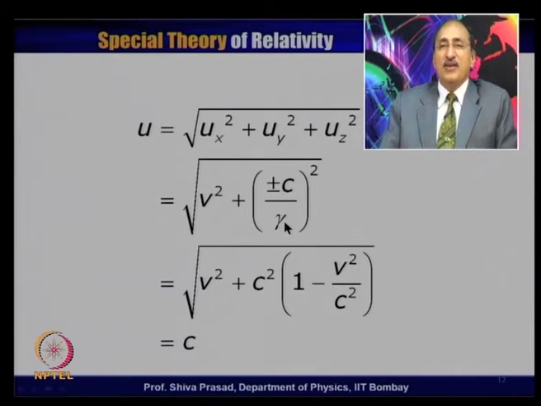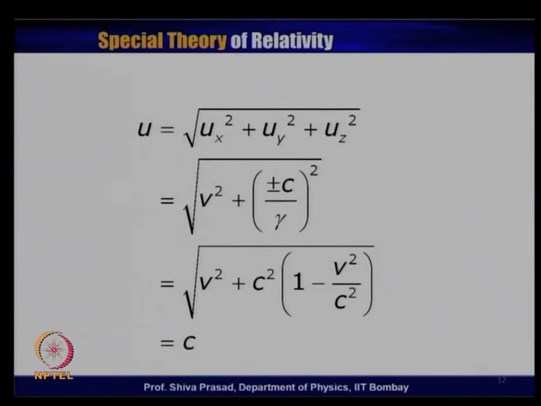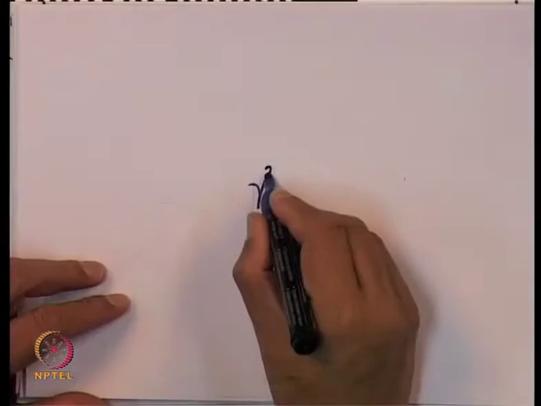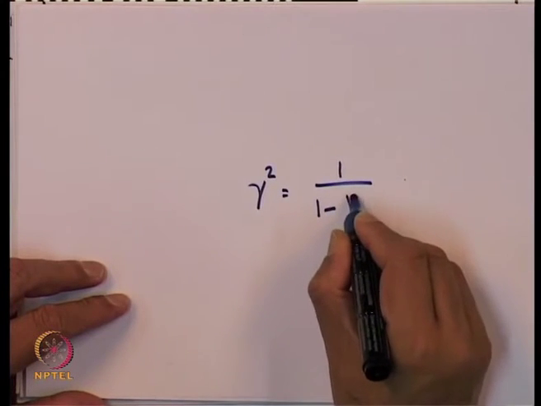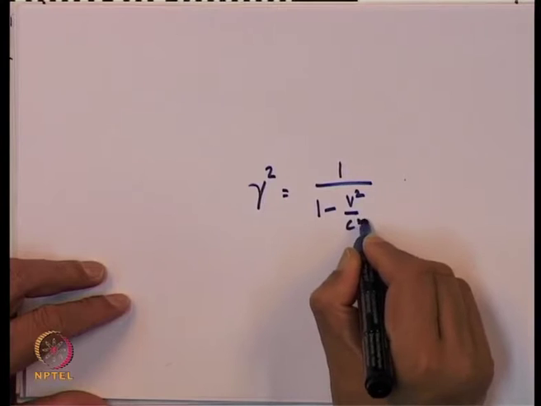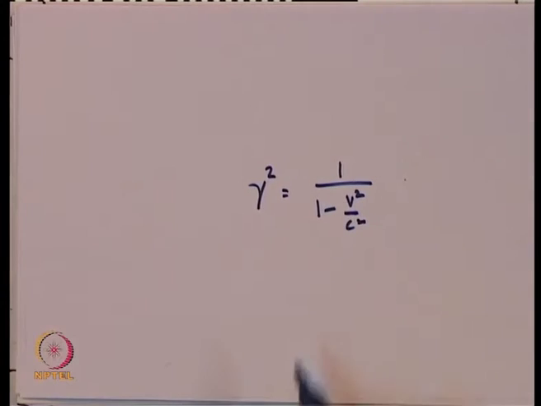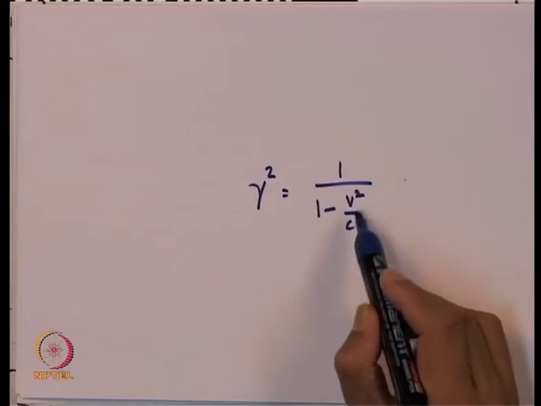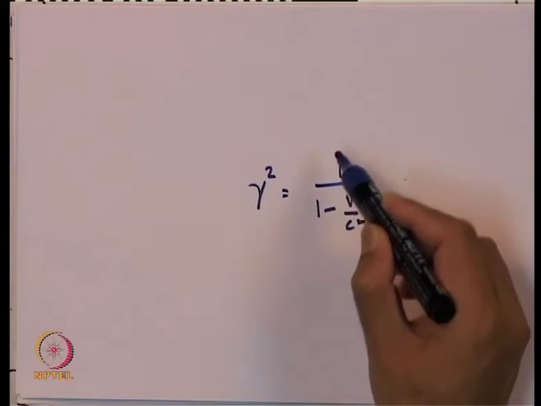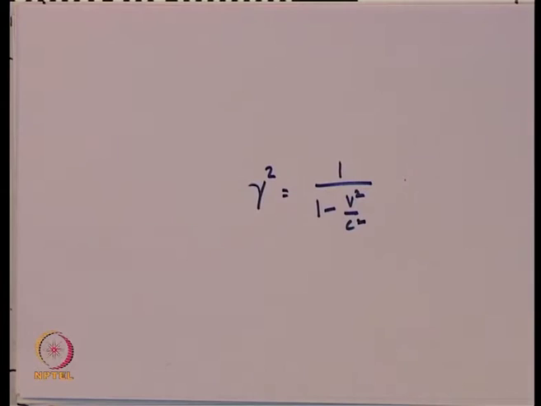Now, what I do is just substitute the value of gamma square. As you remember, gamma square will be equal to 1 upon 1 minus v square by c square. Because this gamma square is in denominator, this 1 minus v square upon c square will come into the numerator. That is what I have written in this transparency.